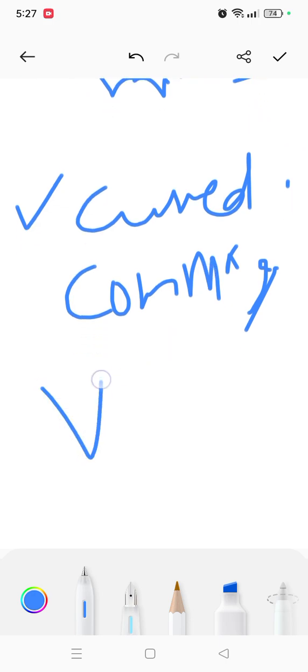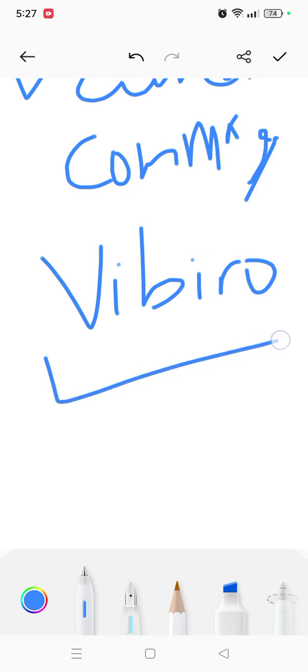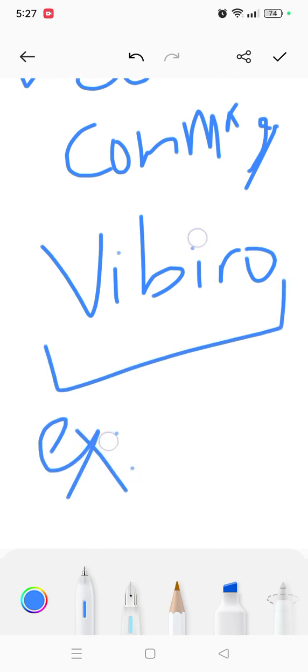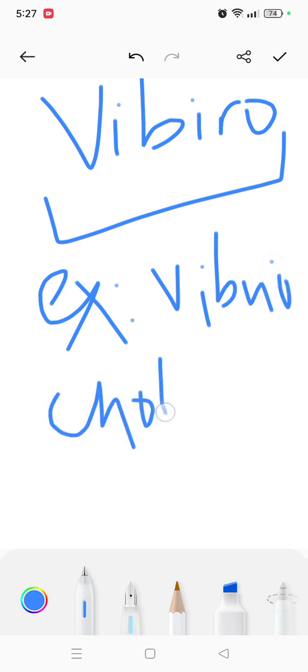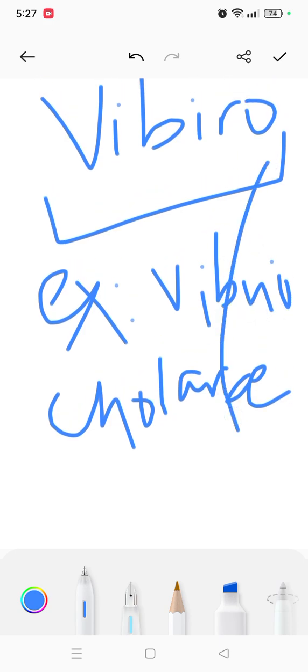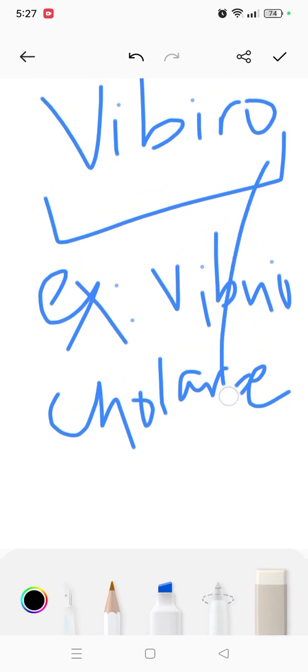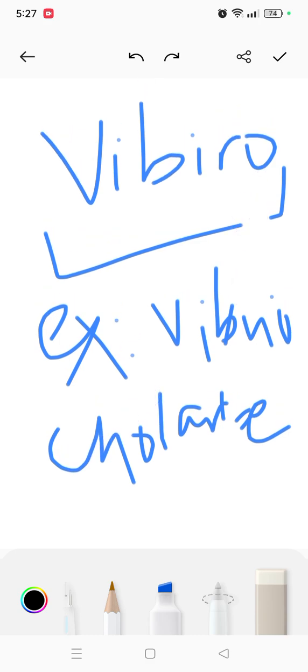They are called vibrio. The example for this vibrio is Vibrio cholerae. Okay, so I'm sure it's clear to you.